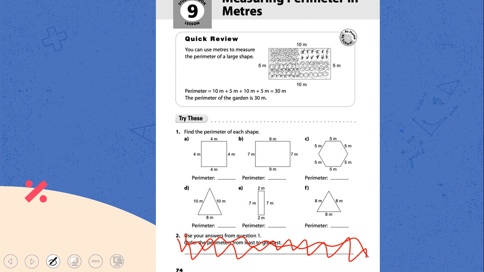And it's really easy because look, this one gives you the numbers. So for number 1, you're just adding 4 plus 4 plus 4 plus 4, which we know is 16. And make sure that you put your M for meters. Okay, so that's all you're doing is just adding everything together for the shape. So you're adding all of the sides together. That's all.